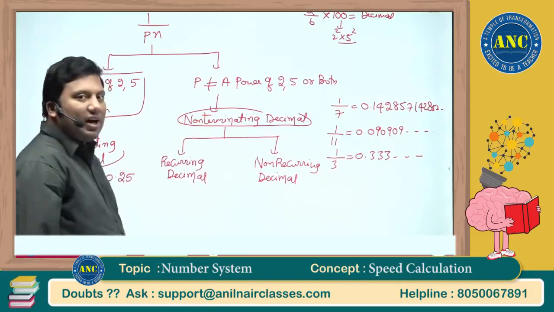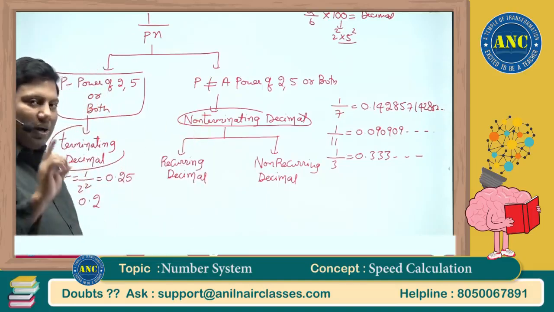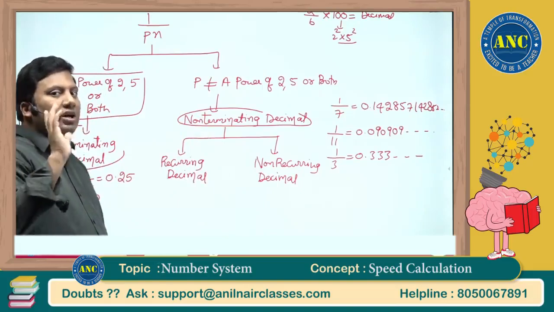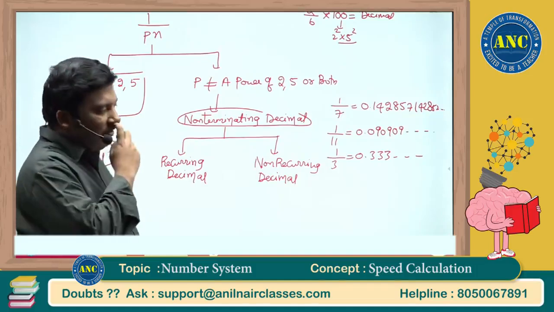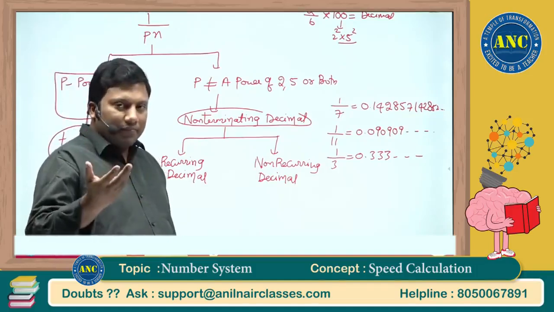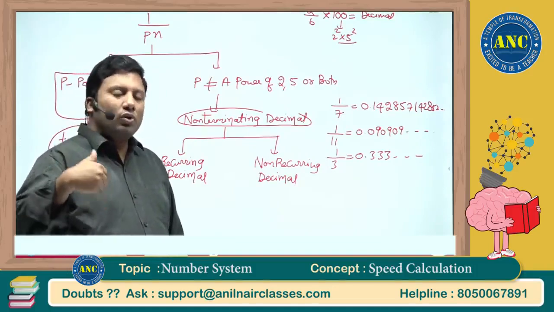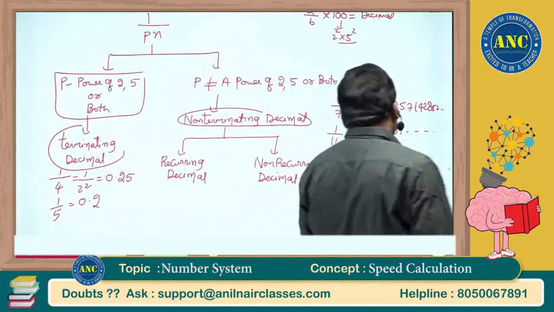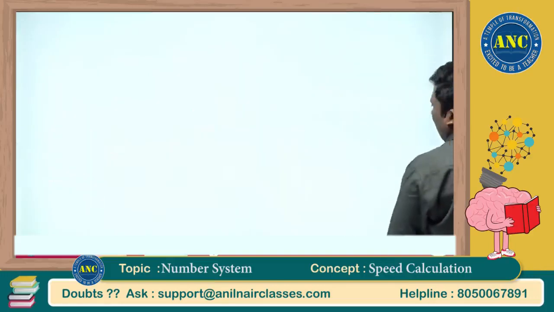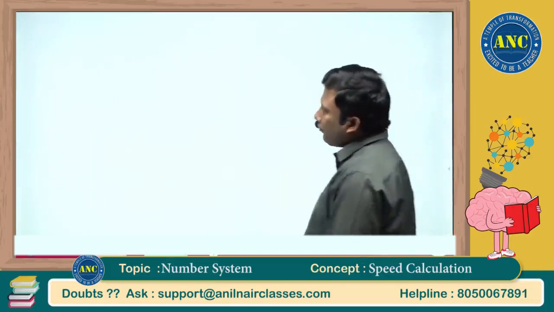Otherwise it is called a non-terminating decimal. From where did we get this concept? Because if we multiply it by 5, do it with 10 by 2. If you multiply it with 2, do it with 10 by 5. I hope the idea is clear.